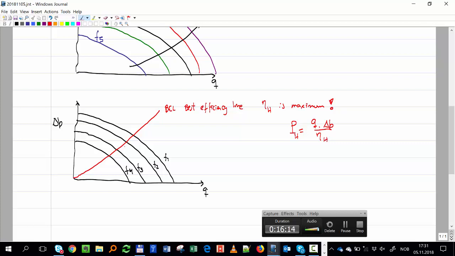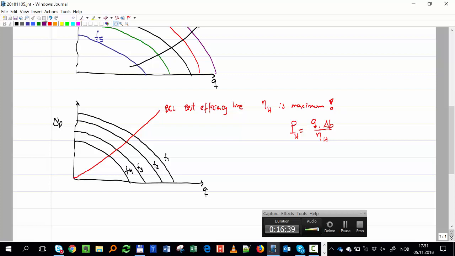So I try to select a pump where the efficiency line is close to the delta P and Q that I want. I have many different models, but I don't want one where the point is too far away from the line. Otherwise, the power required will be very high.